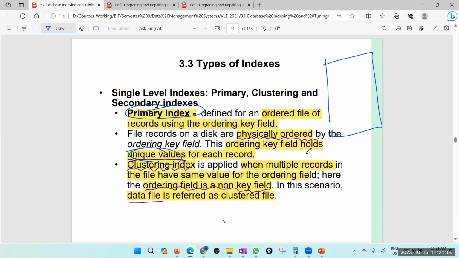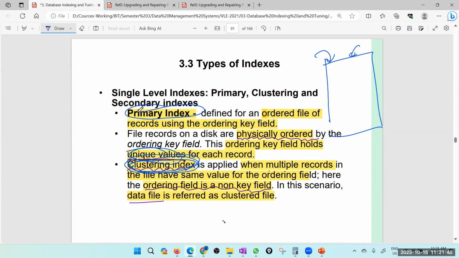Now remember, your data file is physically sorted. The second possibility is the clustering index. In a clustering index, you physically sort your data file not by your primary key, but by a different field, which is very rare. Usually you order your data file by primary key, or you have the primary index.